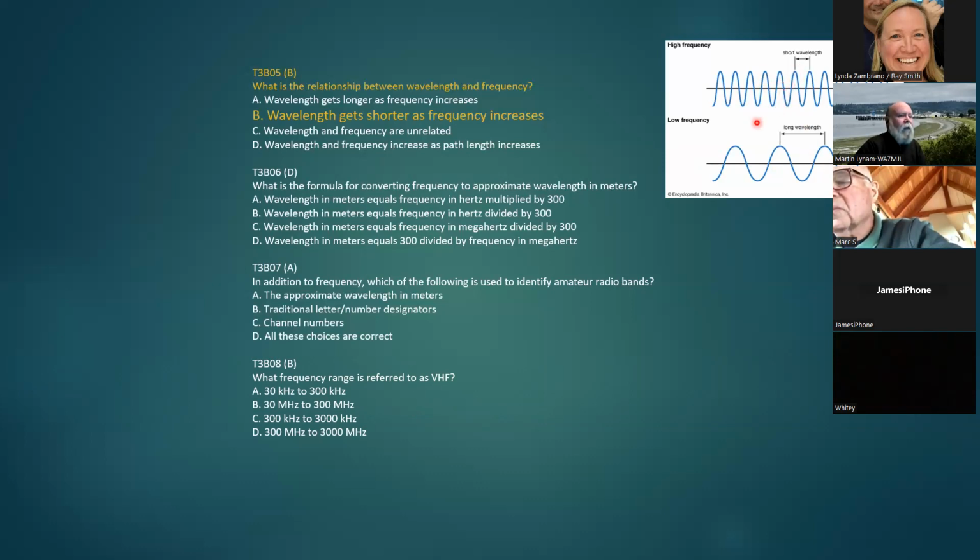At the UHF frequencies that you're going to use, the 440 band, the distance between these peaks is about 70 centimeters, which is just over 2 feet. So as the frequency goes up, the wavelength decreases. As the frequency goes down, the wavelength increases.